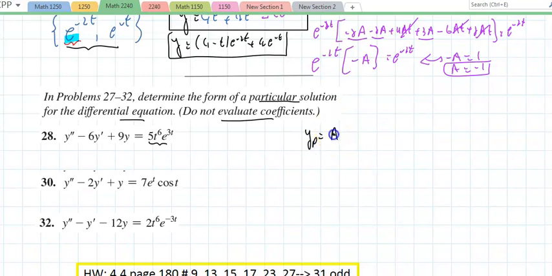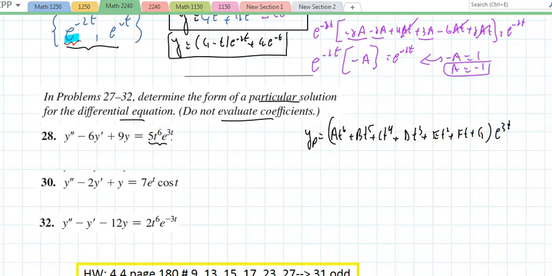I'm going to use letters: a t to the 6 plus b t to the 5 plus c t to the 4th plus d t cubed plus e t squared plus f t plus g, multiplied by e to the 3t so far.